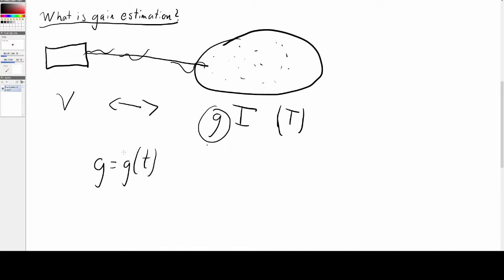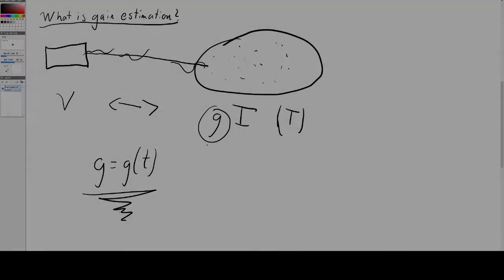So even if we were to measure it on Earth, once it got up in space, the gain would vary. And so the problem of gain estimation is a lot more subtle than just having to estimate this once. We have to estimate it continuously during the whole mission. And this is the task of gain estimation.